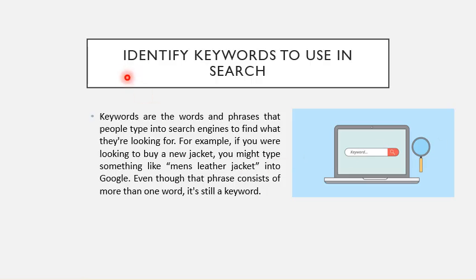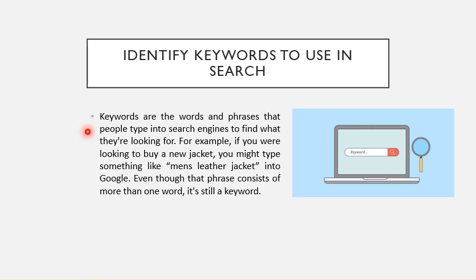Number one is to identify keywords to use in search. What are keywords? Keywords are the words and phrases that people type into search engines to find what they are looking for. For example, if you were looking to buy a new jacket, you might type something like men's leather jacket into Google.